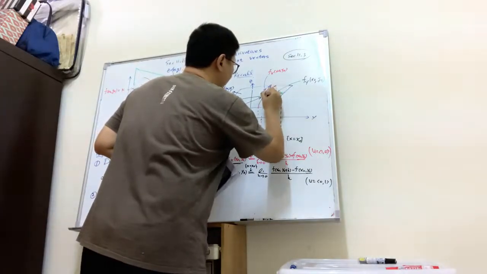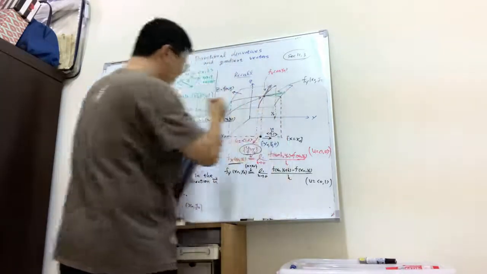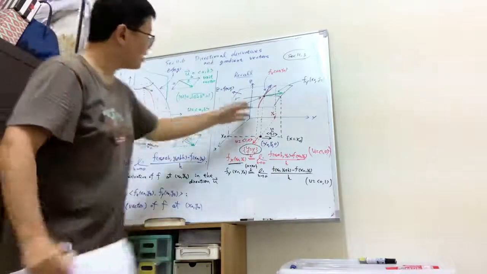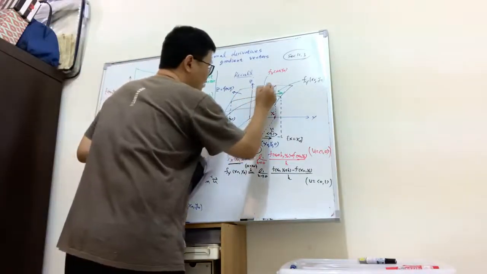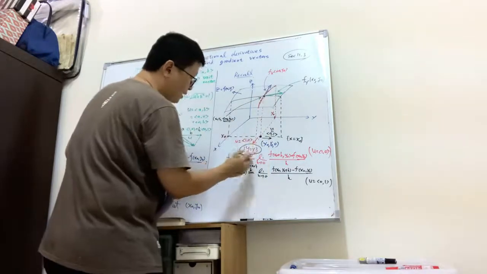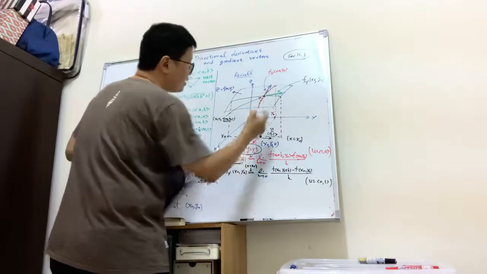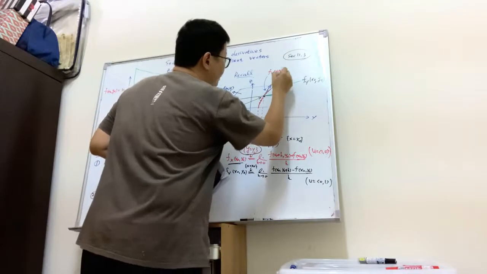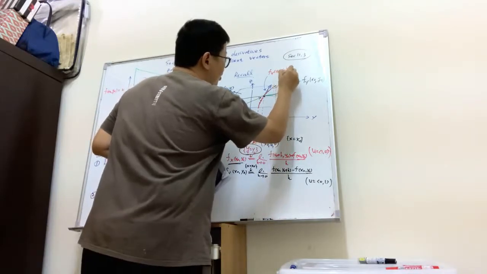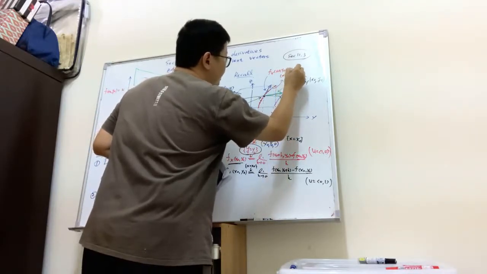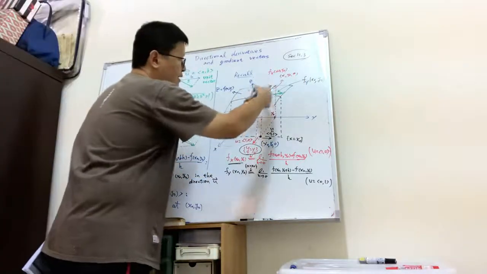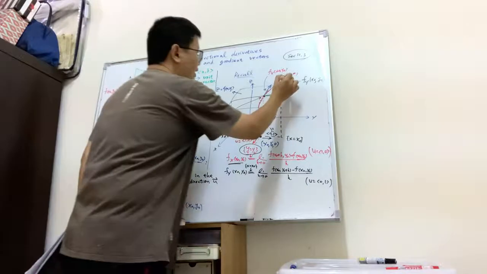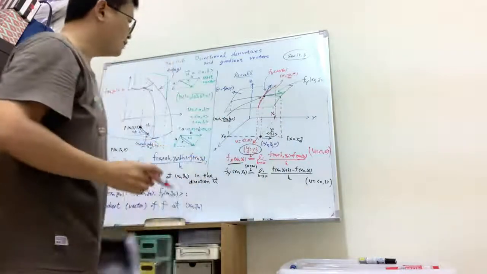For each point in the intersection, its y coordinate is always y0. For each point in this line, its y coordinate value is always y0.